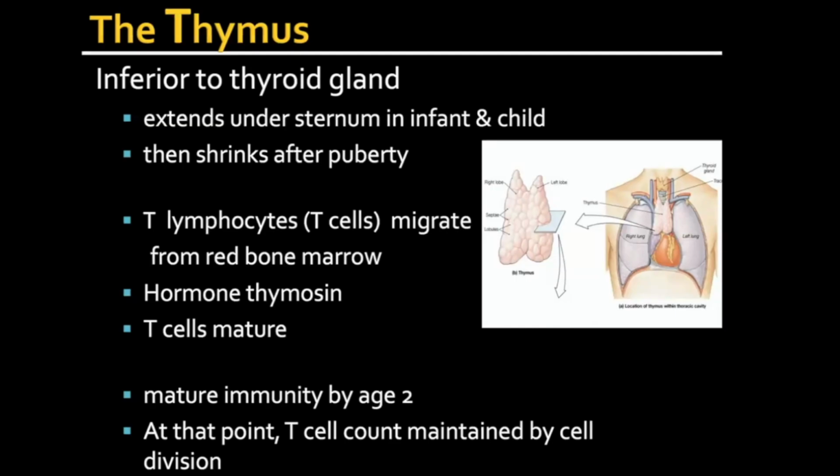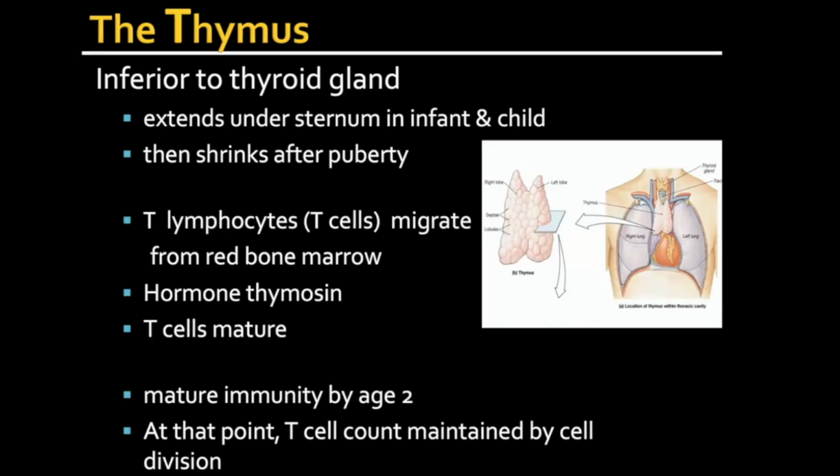Now, I'm talking about the thymus gland here. All right, so what does it do? In the infant and child, T cells, which are a type of lymphocyte, a type of white blood cell, are made in your red bone marrow, and I'll show you a chart here in a minute on that.